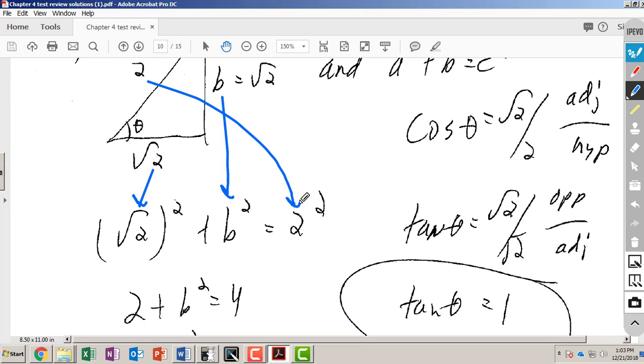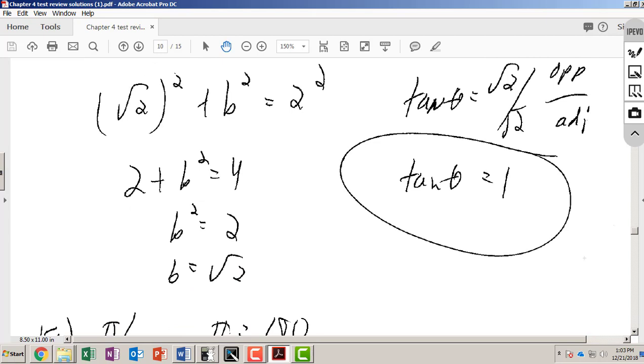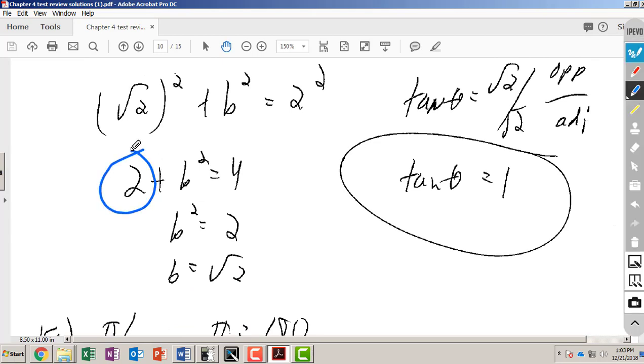So solving this problem, I take the square root of 2 and square it, and I get positive 2. I take b squared and just write it down. That's what I'm looking for, all equals 4. Now I subtract 2 from both sides, and I'm going to get an answer of 2. So I've got b squared equals 2.